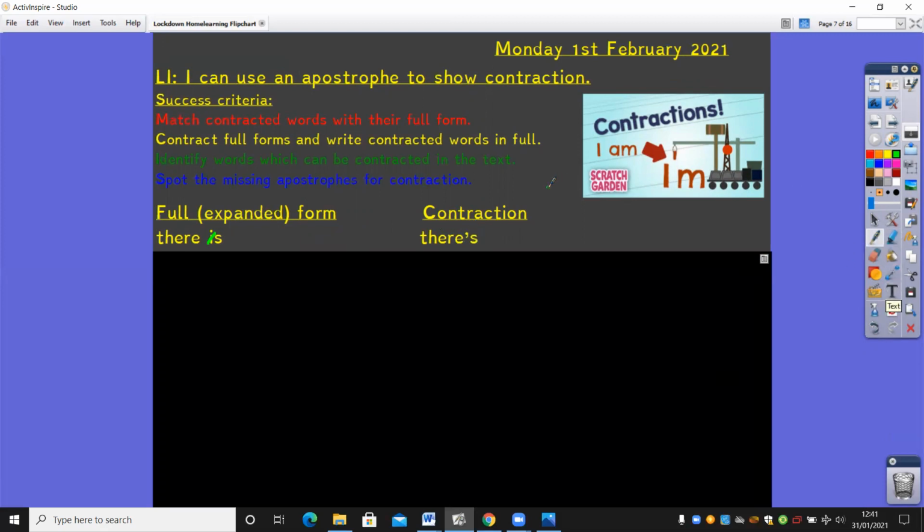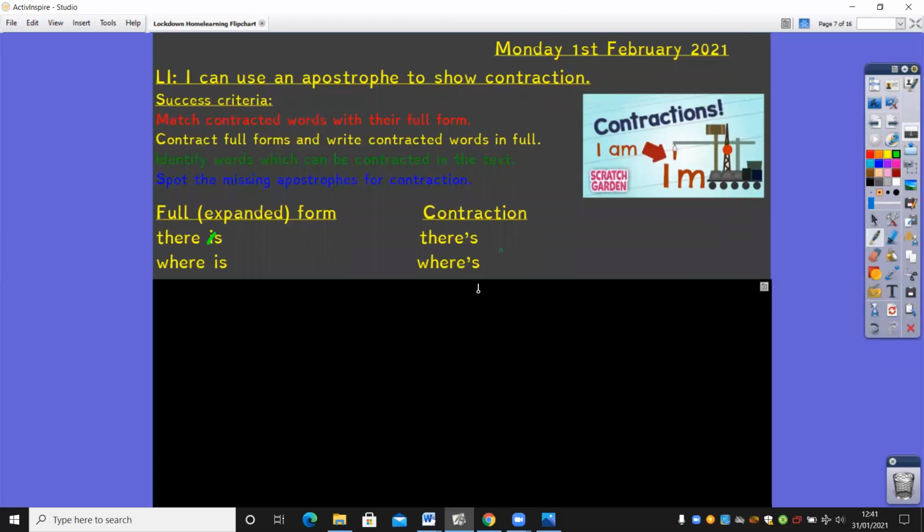Lovely. Now let's have a look at the next example. We have two words, where is. Could you explain what happens to where is when those two words become contracted? That's right. The letter I gets squashed out, and instead of the letter I, we have an apostrophe there.